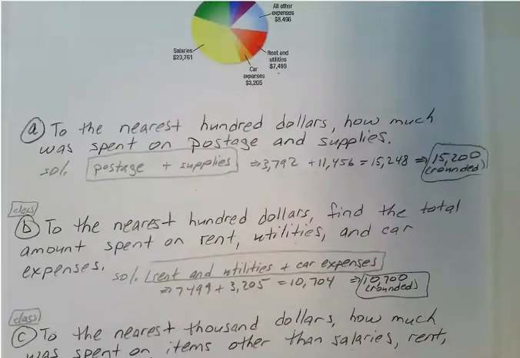So if you notice, you have everything other than salaries, rent, and utilities.